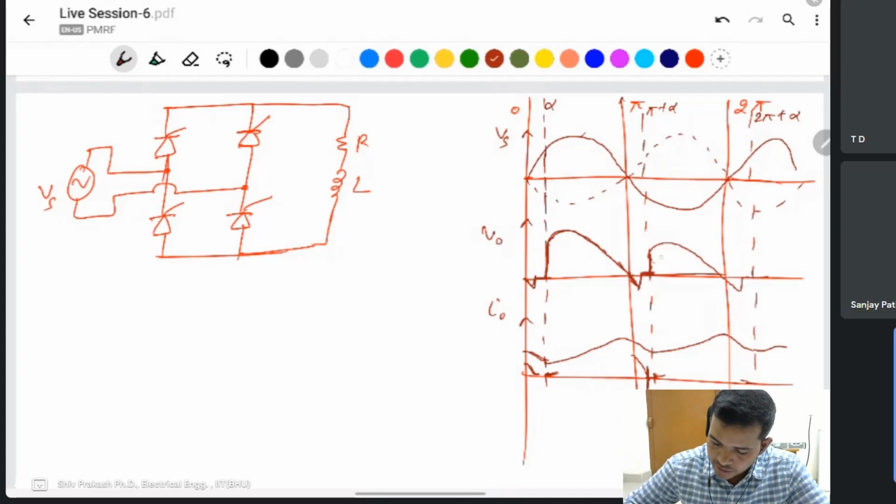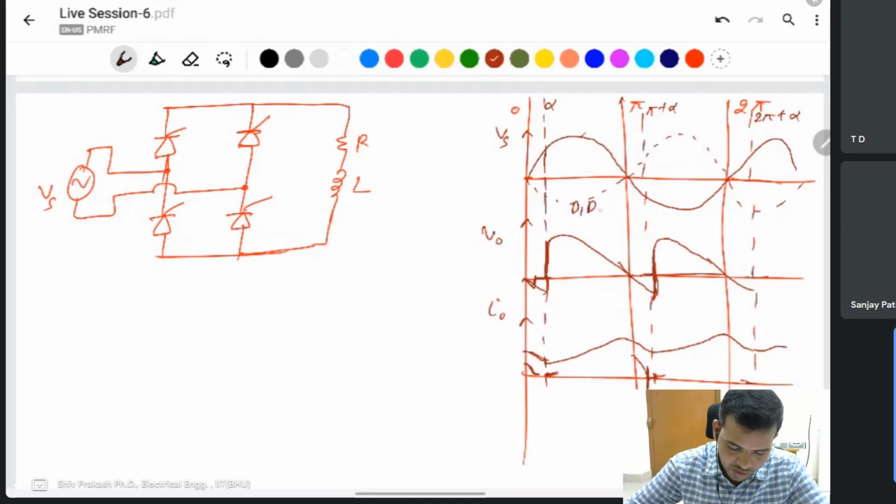Under that condition, the output voltage is continuous in time. At alpha, after that, T1 T2 start conduction. In this picture T3 T4 conduct, then T1 T3.